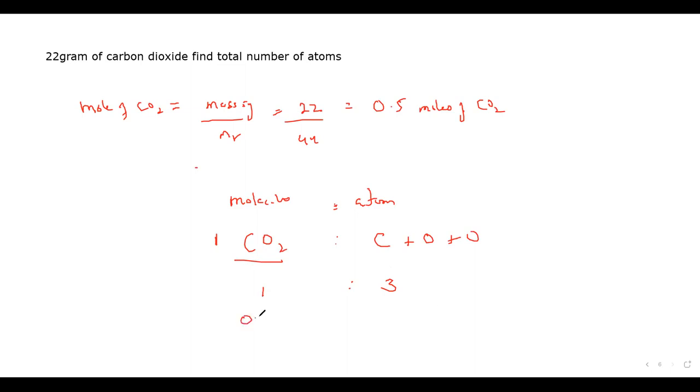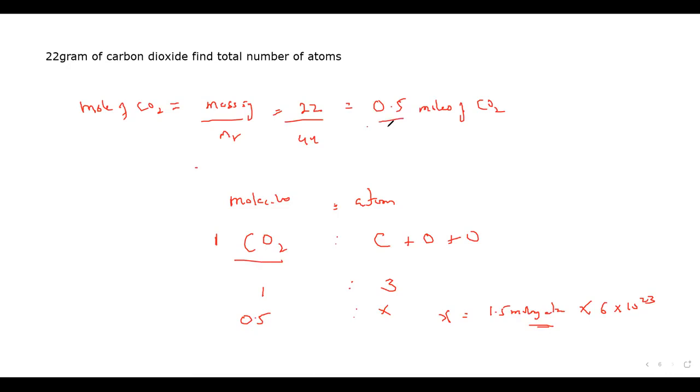So if we have 0.5 moles of carbon dioxide, how many moles of atoms will there be? X. So it will be 1.5 moles of atoms. And to get the total number of atoms, we multiply by Avogadro's number, 6 into 10 to the power 23. That will give us the total number of atoms.